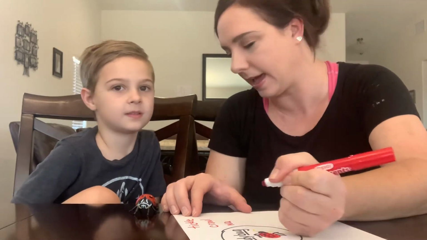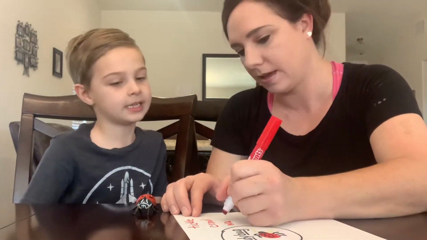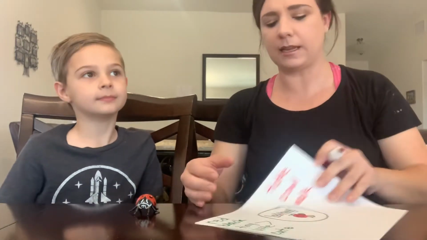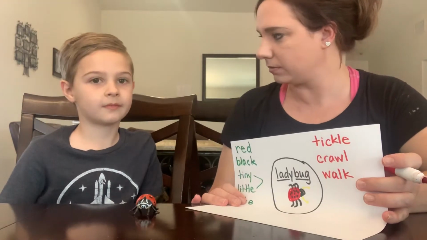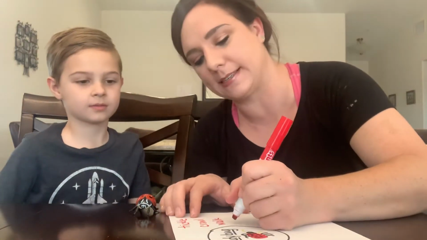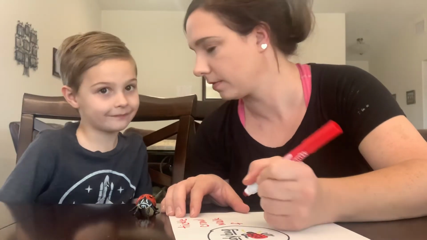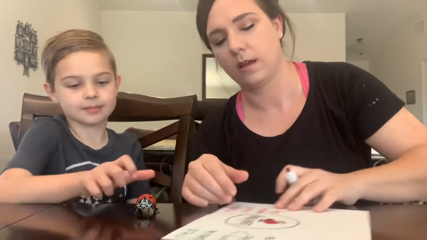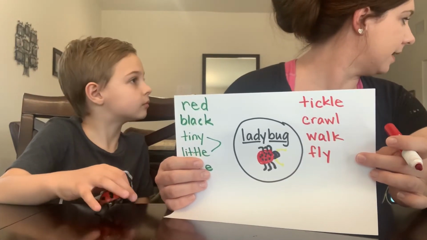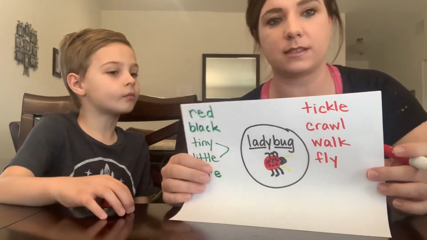W, A, L, K. How is the ladybug going to get from flower to flower? Fly. He can fly too, right? So everybody say F, L, Y. So we have tickle, crawl, walk, fly, and what else?